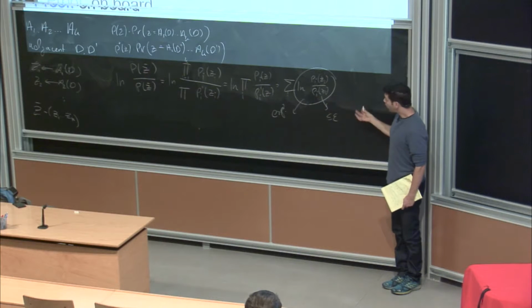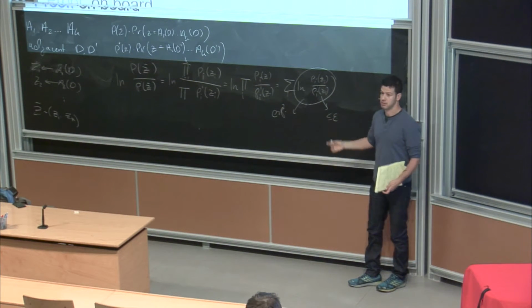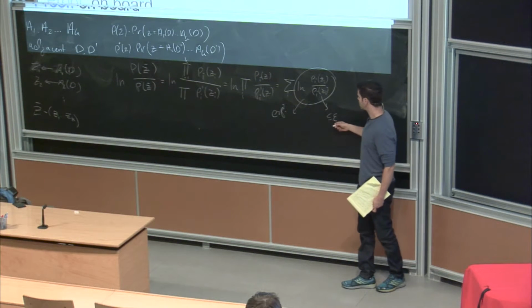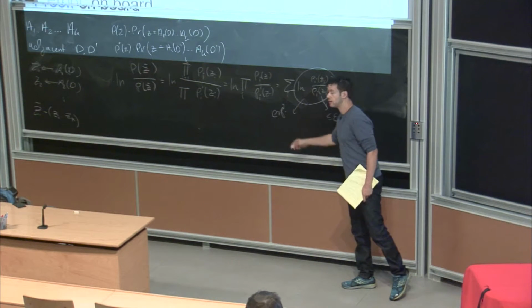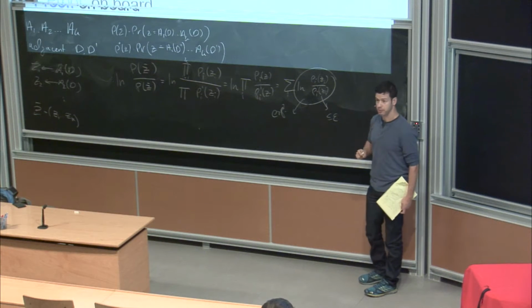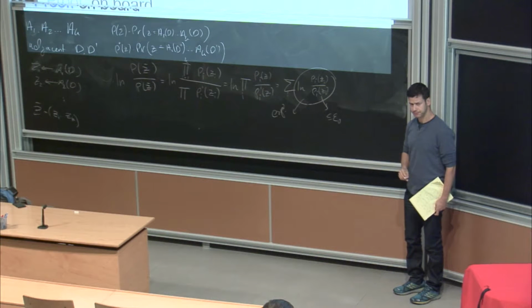The old composition theorem simply said each of these is at most epsilon, so the sum is at most k epsilon. That's certainly true. What we're going to do now is use this worst case bound together with a much better bound on the expectation. That'll give us behavior that looks like root k times epsilon 0. Does that make sense?